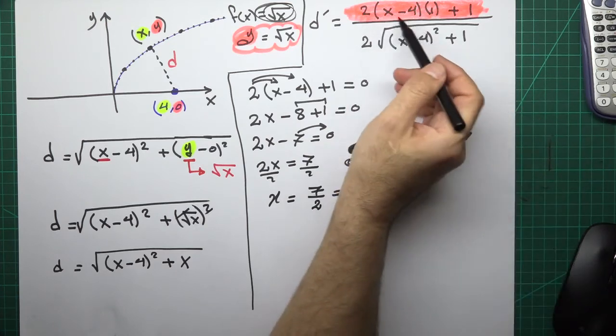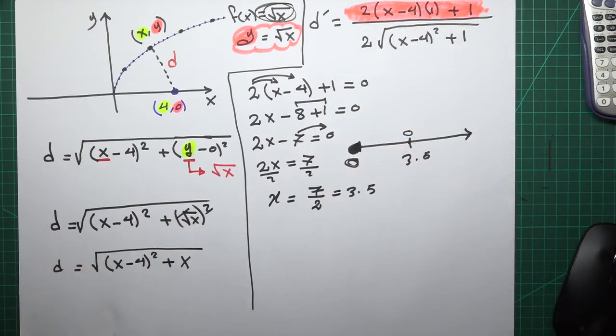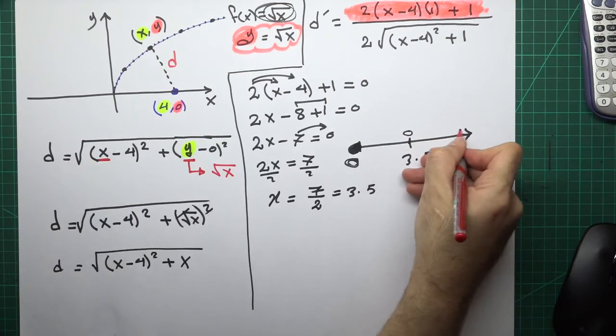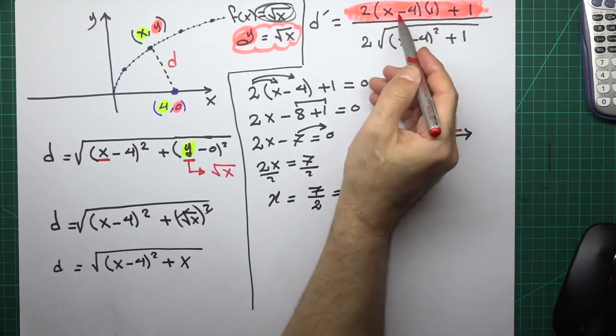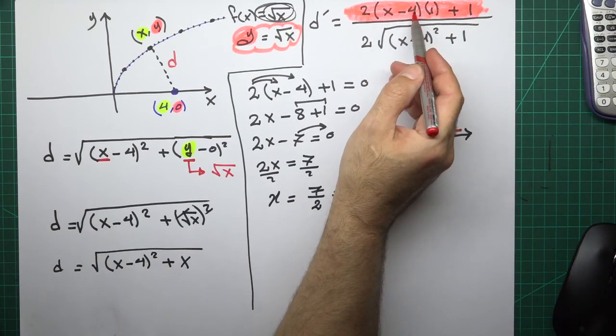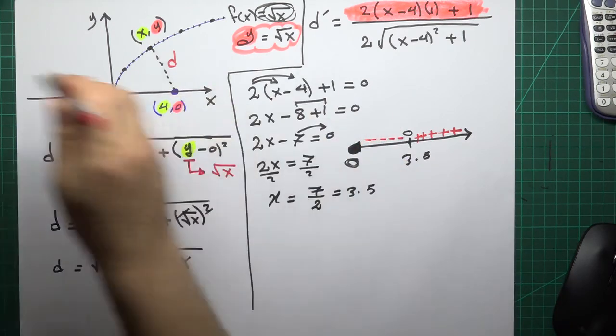So if it is 4 minus 4, 0, times 2, 0, plus 1, 1. And as you can see, the sign is positive.